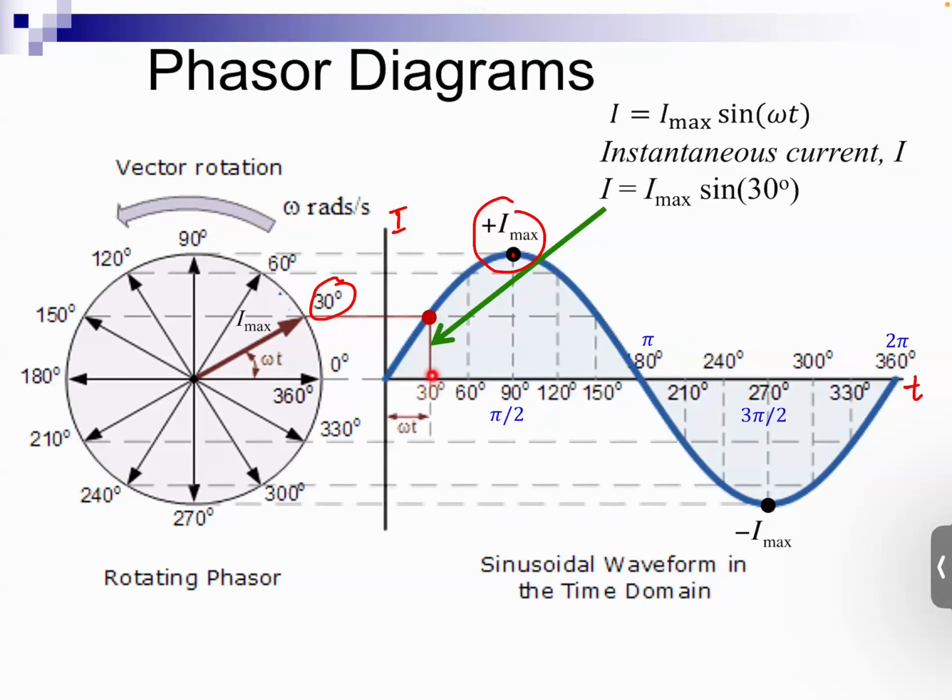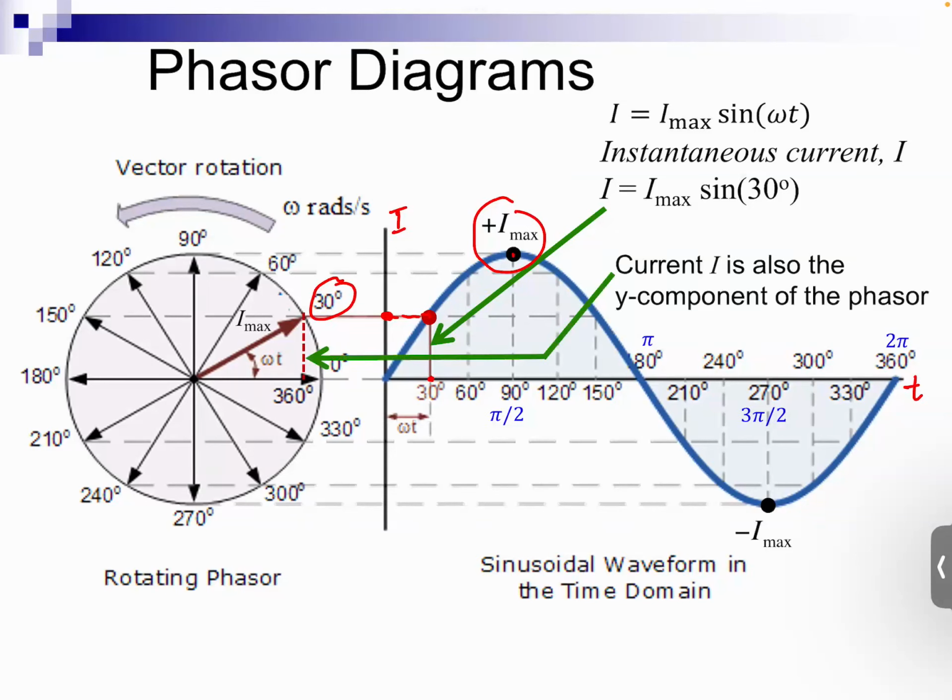So the current at this particular instant of time will be this value here on the y-axis, which is equivalent to the length of this line here, which you can calculate as I max sine 30 degrees. If you project this line onto your phasor diagram, you will see that it's actually the y component of this I max vector that is equal to the instantaneous current.